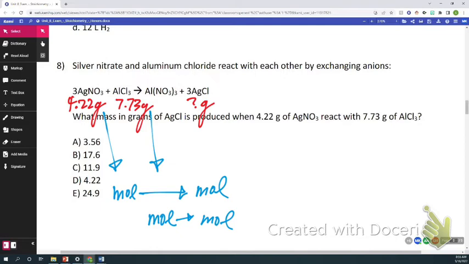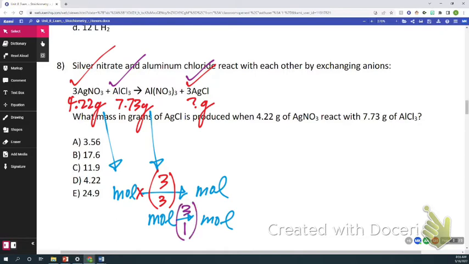The mole ratio train is different for both, right? For the first one, it's going to be 3 over 3, because there's a 3 here and a 3 here. The second one is going to be 3 over 1.